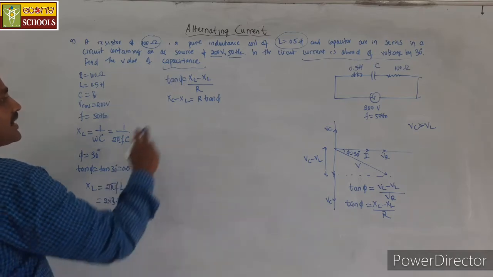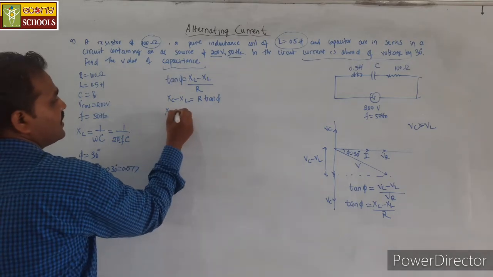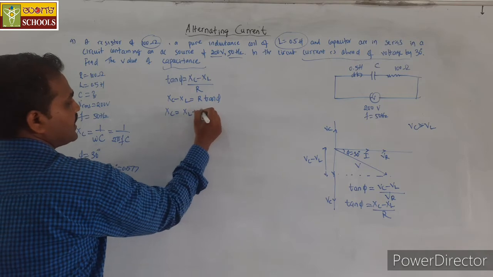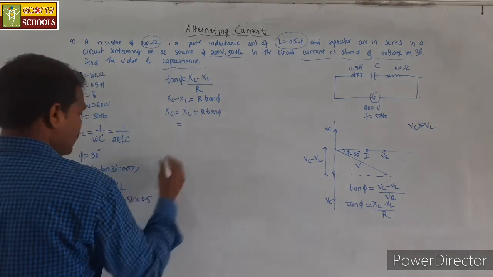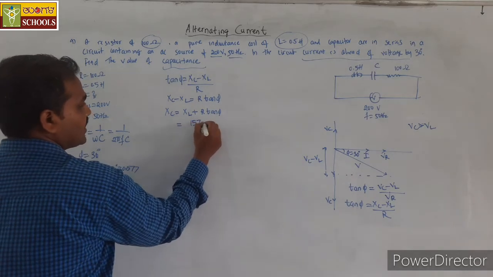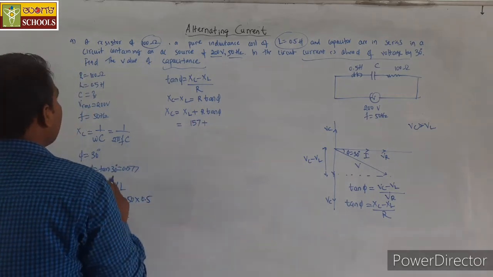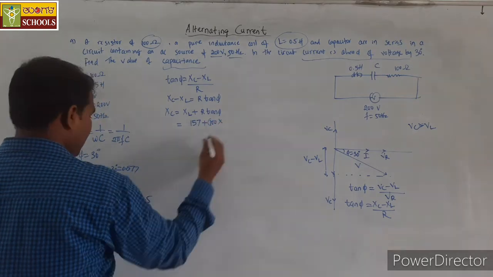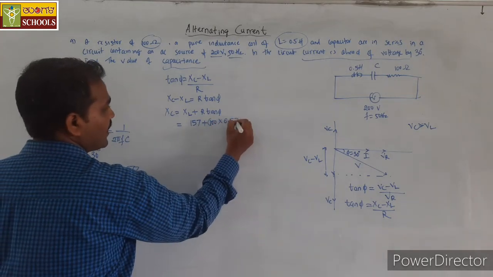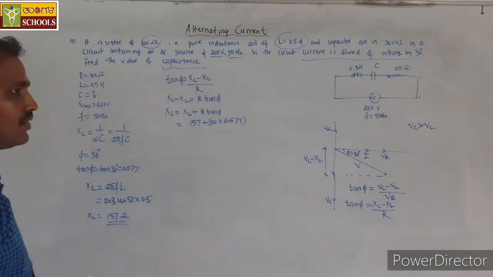So I can substitute here. I can write XC is equal to XL plus R tan phi. That is equal to 157 plus 100 into 0.577.